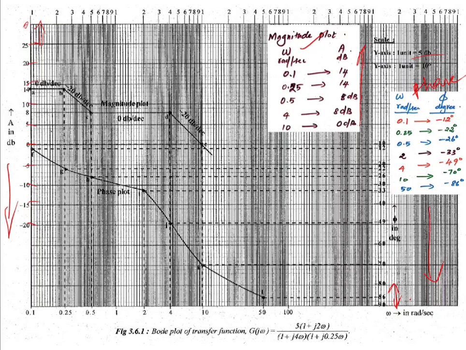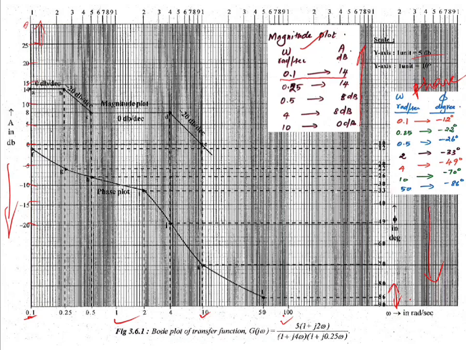Here frequency ranges from 0.1 to 10 radians per second. So I am starting with 0.1 radian per second at the left corner, and we know that in a semilog graph each and every section will be multiplied by 10. So 0.1 times 10 is 1, then 1 into 10 is 10, and 10 into 10 is 100, something like that will go.